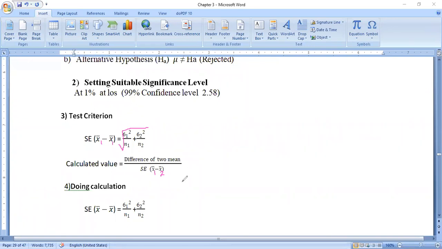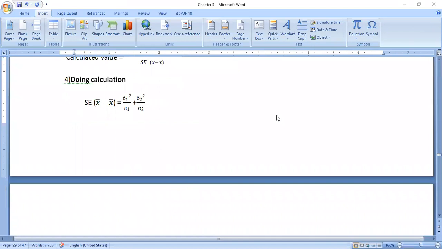Then the next step is doing the calculation. In the calculation, we are simply going to write these formulas again. The standard error of x bar 1 minus x bar 2 is equal to the square root of standard deviation 1 squared divided by n1 plus standard deviation 2 squared by n2.